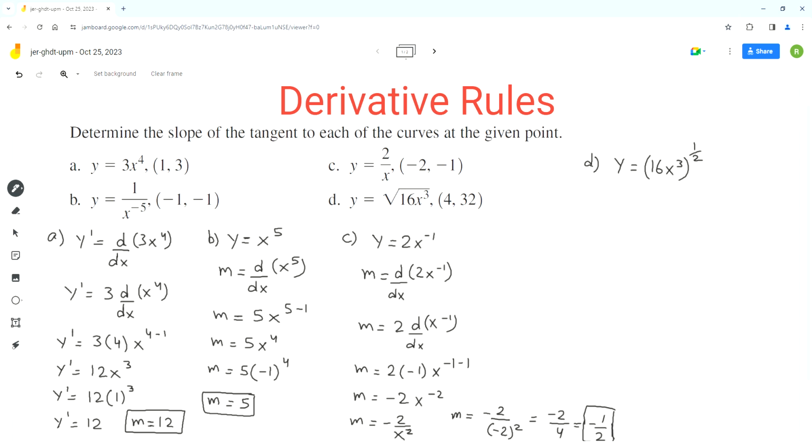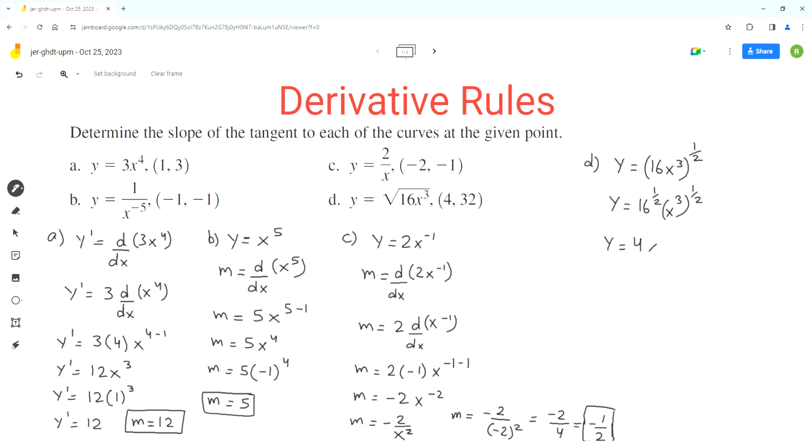Now in the next step, we can distribute this exponent 1 over 2 to 16 and x cubed. So we get 16 exponent 1 over 2 and then x cubed and then outer exponent 1 over 2. Now since the rational exponent 1 over 2 represents square root, the square root of 16 is 4.